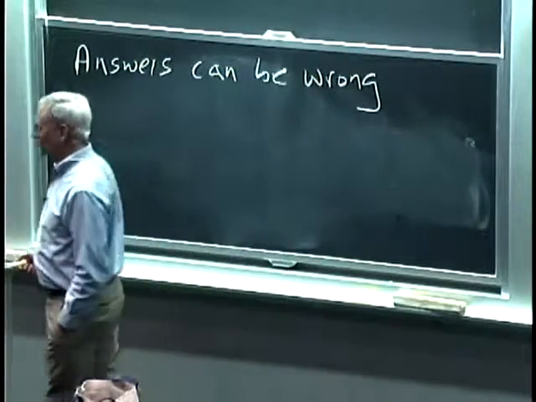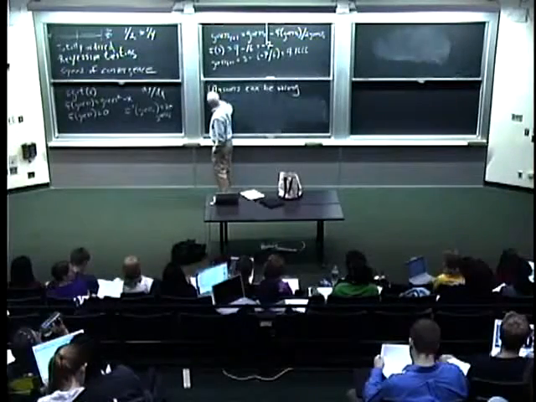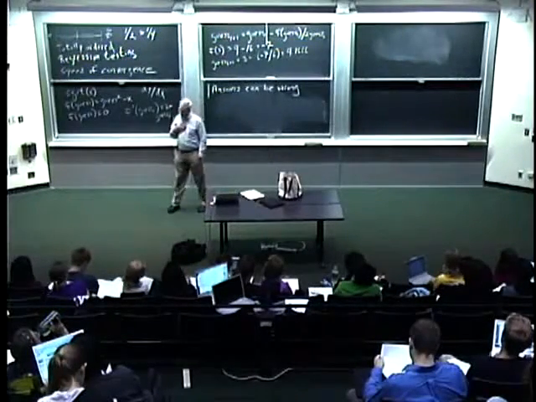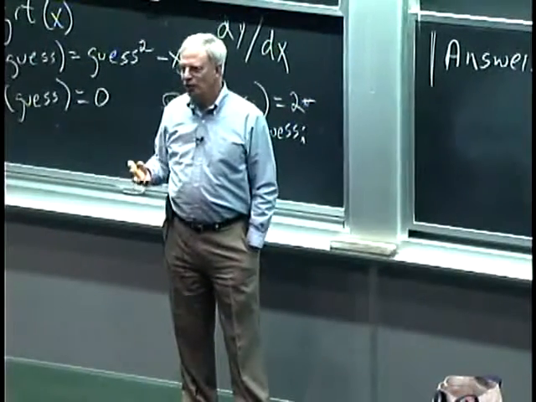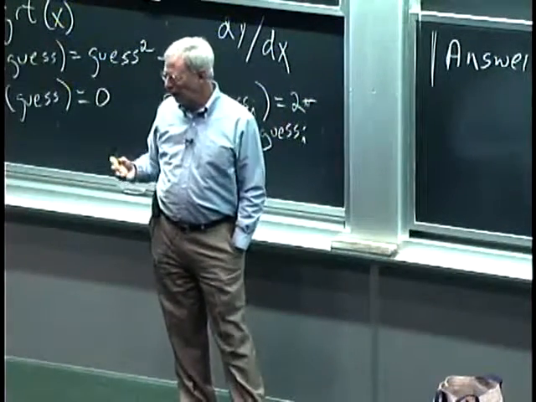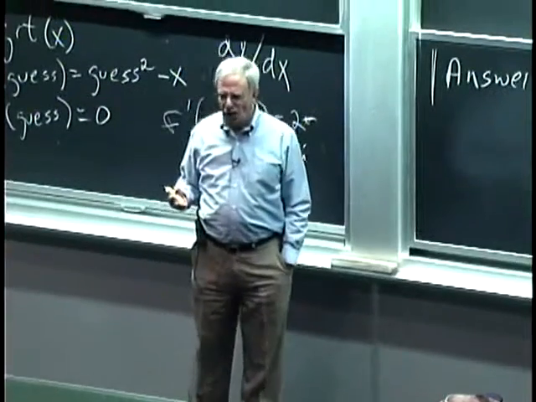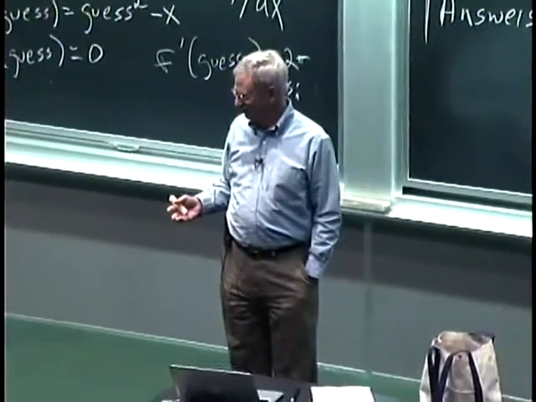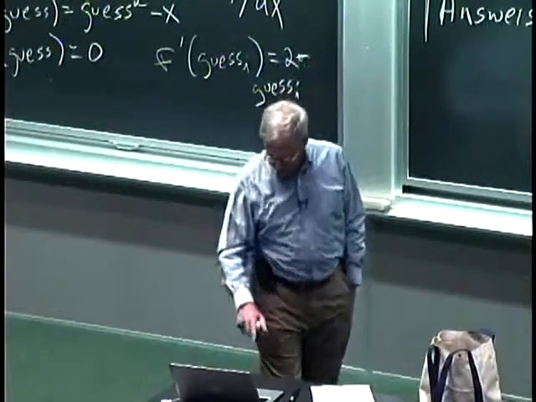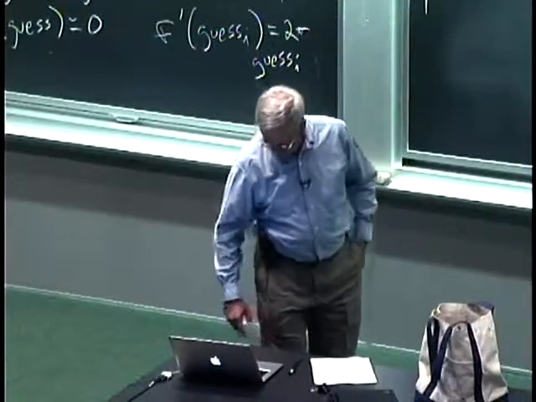And something I find myself repeating over and over again to myself, to my graduate students, is when you get an answer from the computer, always ask yourself, why do I believe it? Do I think it's the right answer? Because it isn't necessarily.